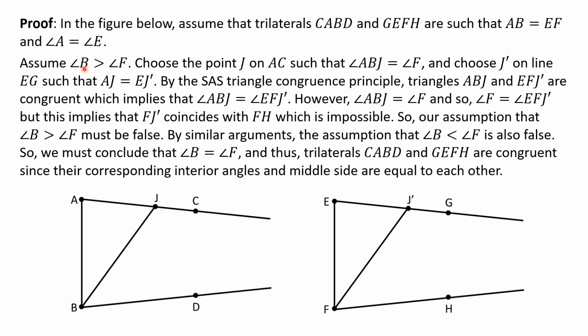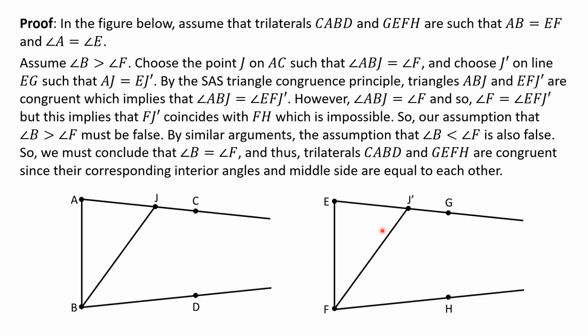So without loss of generality, let's assume the angle at B is of measure greater than F. Choose a point J on AC such that ABJ is equal to the angle here at F, and choose J prime on EG such that AJ is equal to EJ prime.